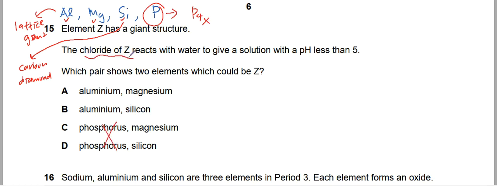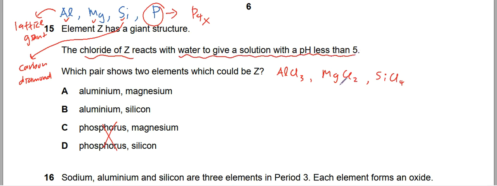Fluoride of Z. Now we are left with aluminum chloride, magnesium chloride, and silicon chloride, which react with water to give a solution with pH less than 5.